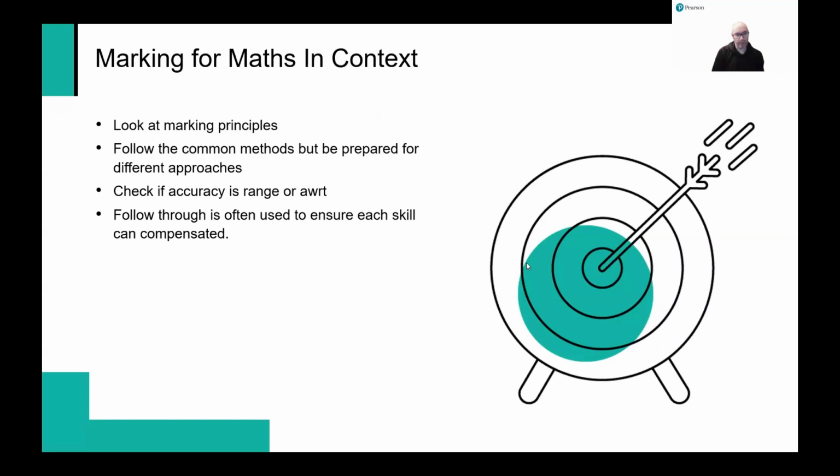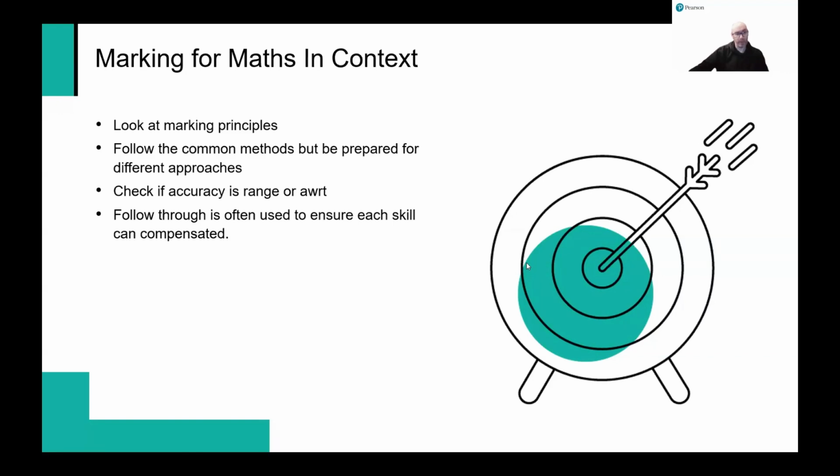Even though alternative methods are provided, if they haven't set something out exactly the same as what might be in the mark scheme, if the method is implied or equations are implied with correct values, then that could be worthy of method marks and accuracy marks.